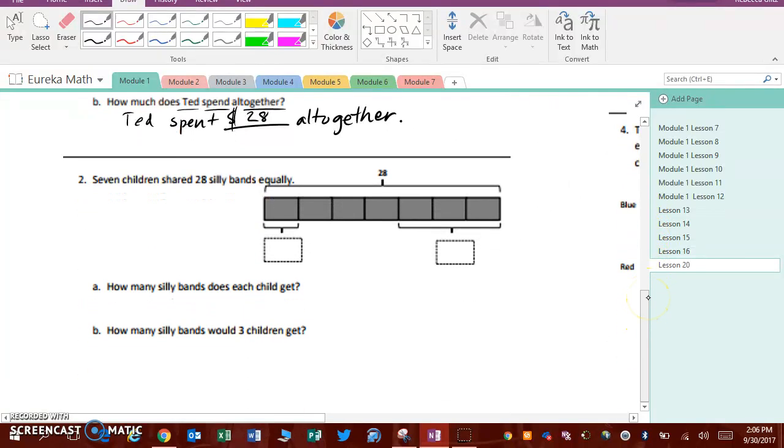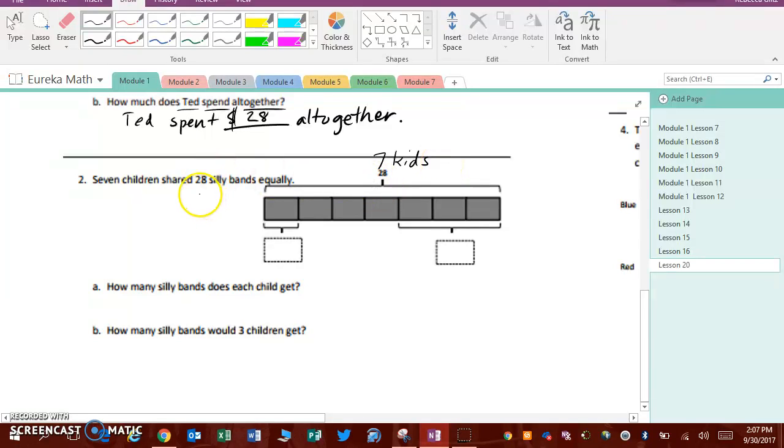All right. 7 children shared 28 silly bands equally. Let's look at how they set this up. They've got 1, 2, 3, 4, 5, 6, 7 sections. And they put the bracket on the top this time. They can do that. So let's label our 7 kids. I'm going to shorten children to kids.